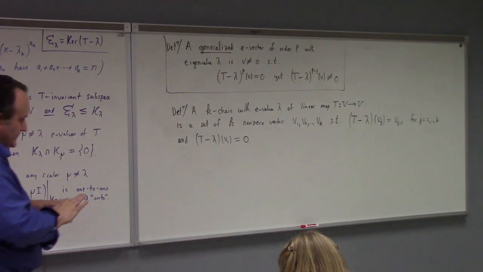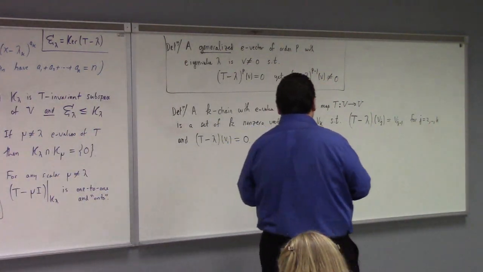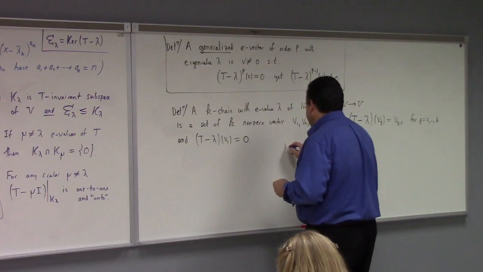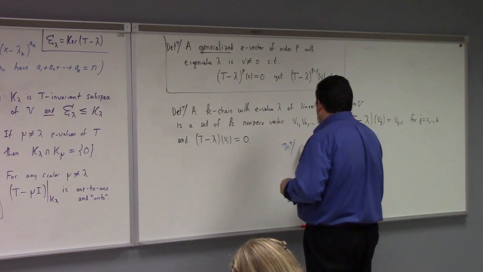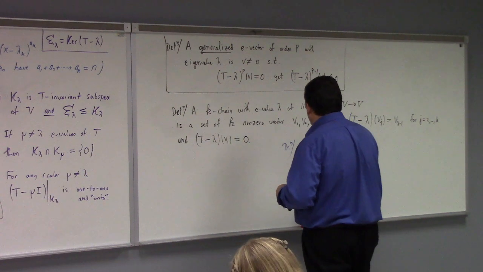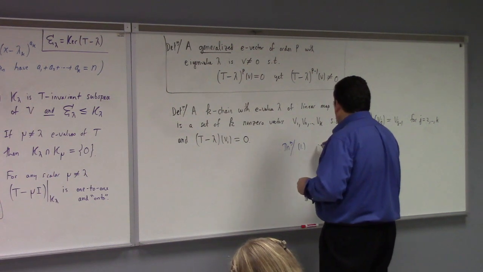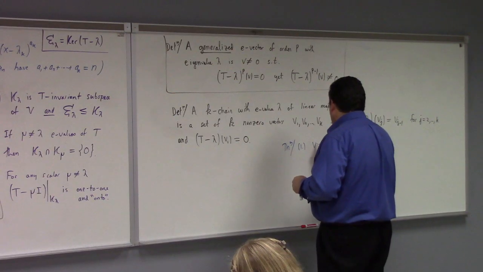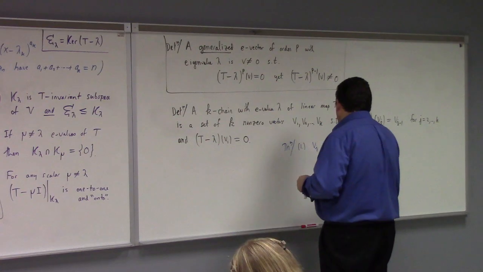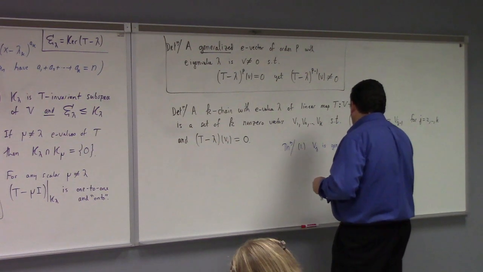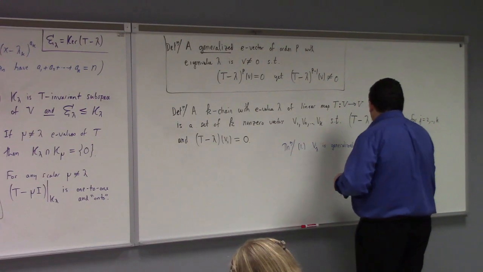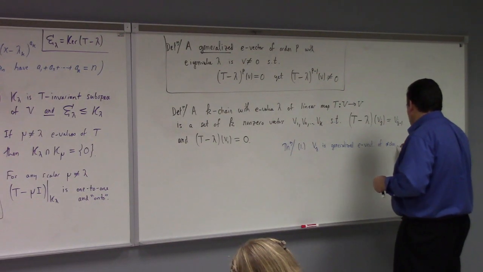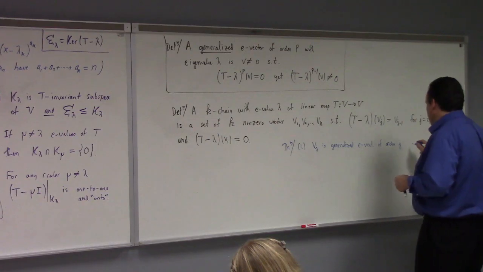So, theorem. Number 1: vj is a generalized eigenvector of order j in the above.